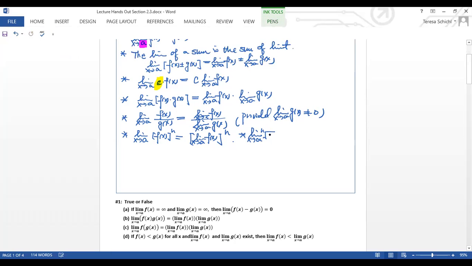If you have the nth root of f of x, that means you can do the limit, so you can put the nth root on the outside, and here this is the limit as x approaches a of f of x. Of course, in order for this to work, this has to be greater than or equal to 0 when n is even, right? We said it's even roots, right?